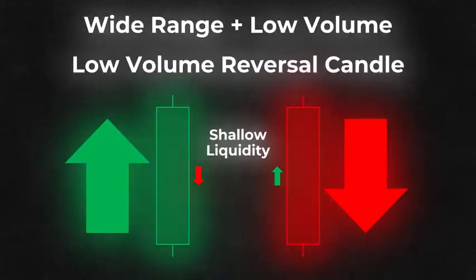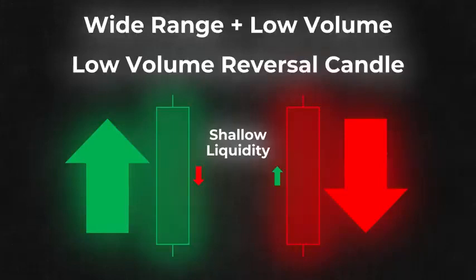In a wide range bullish candle with low volume, there is a lack of interest from sellers. In a wide range bearish candle with low volume, there is a lack of interest from buyers. When there is a lack of interest from buyers, for example, it's very easy for sellers to attack the demand and make price go down, and that results in a large price movement with low volume.